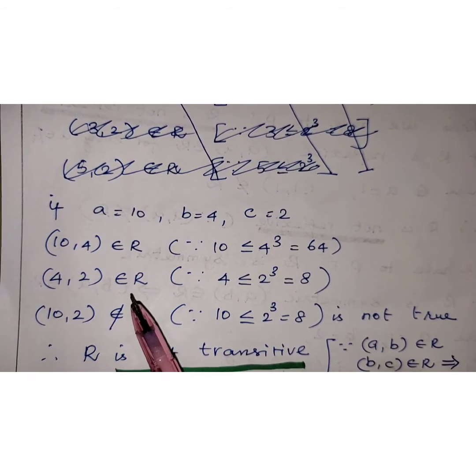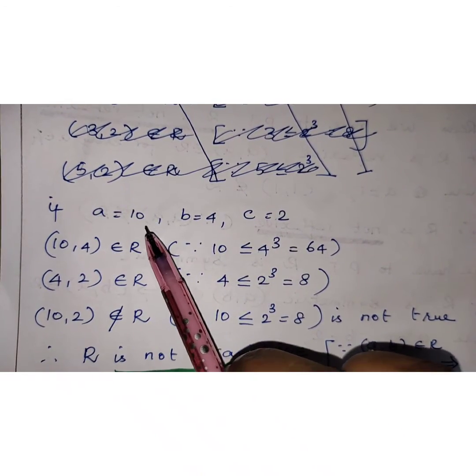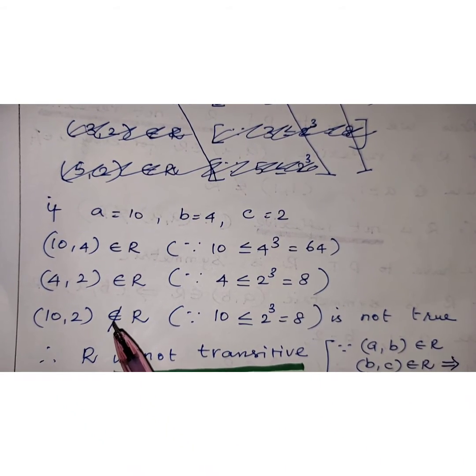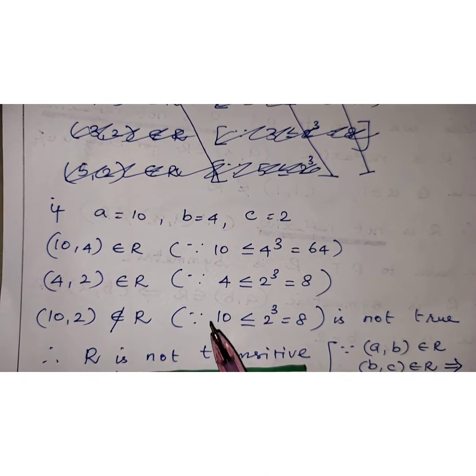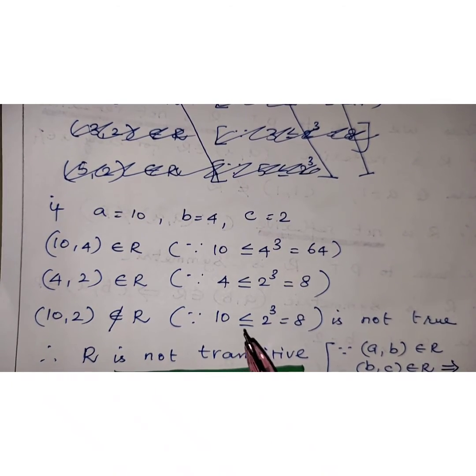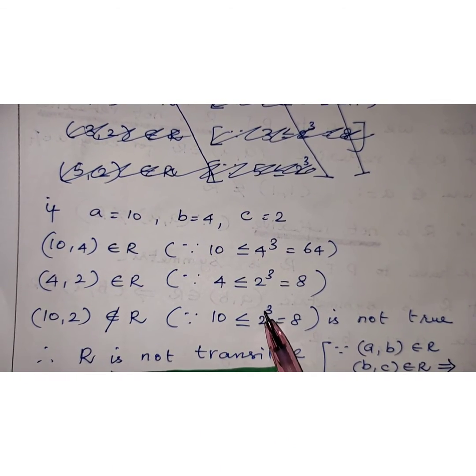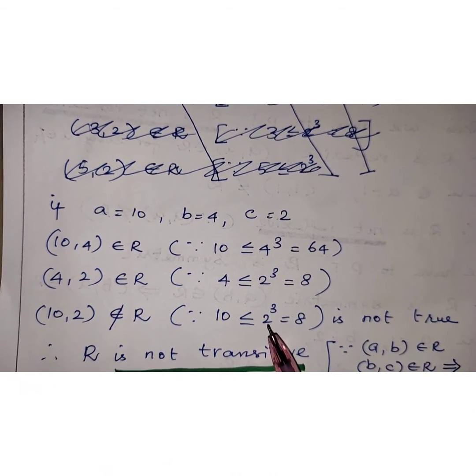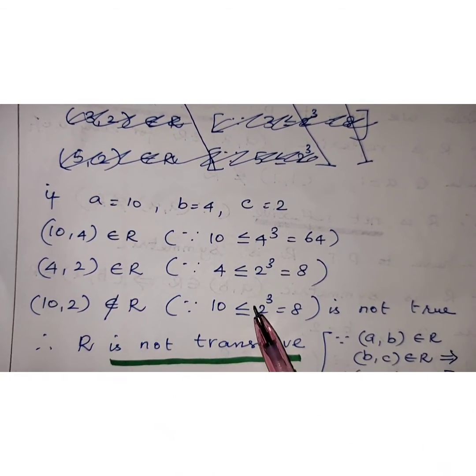Then the last pair (a, c), here (10, 2). Does (10, 2) belong to R? No, since the given condition is 10 less than or equal to 2 cube, that is 10 less than or equal to 8. This statement is not true here.